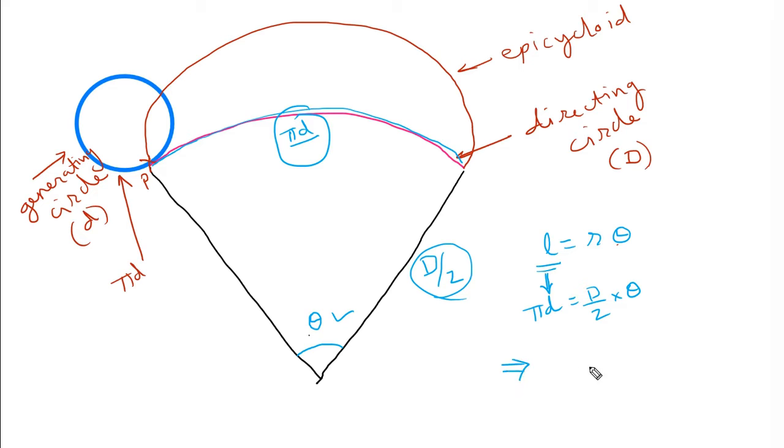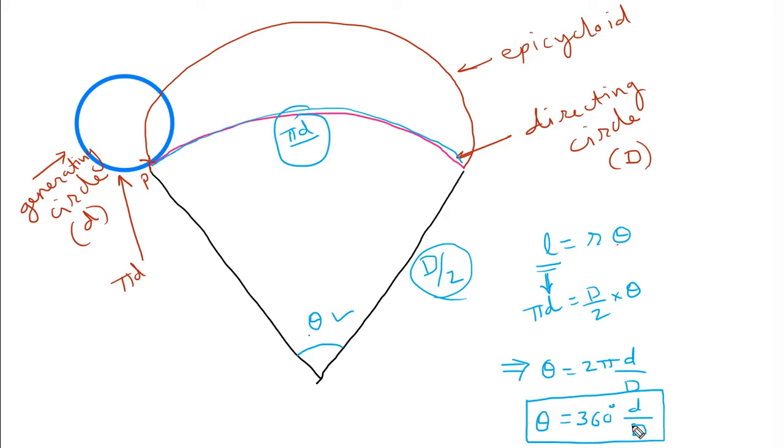So theta we can estimate as 2 pi small d by capital D. In degrees, it is 360 into small d, the diameter of the generating circle, divided by capital D, the diameter of the directing circle.